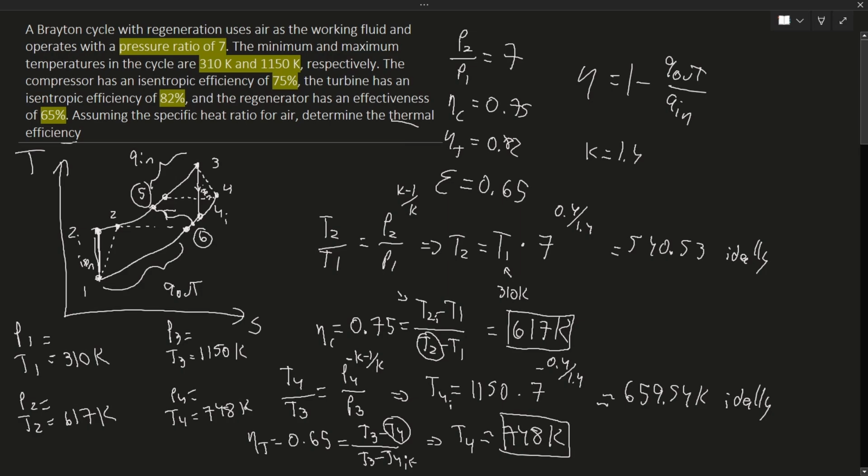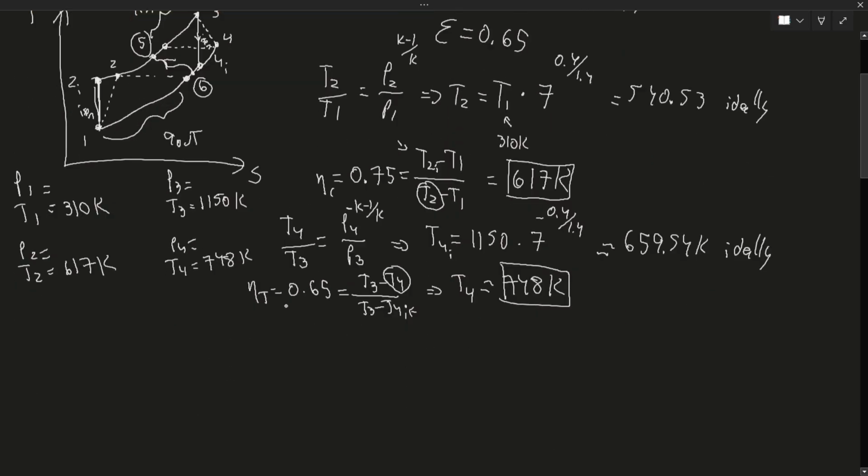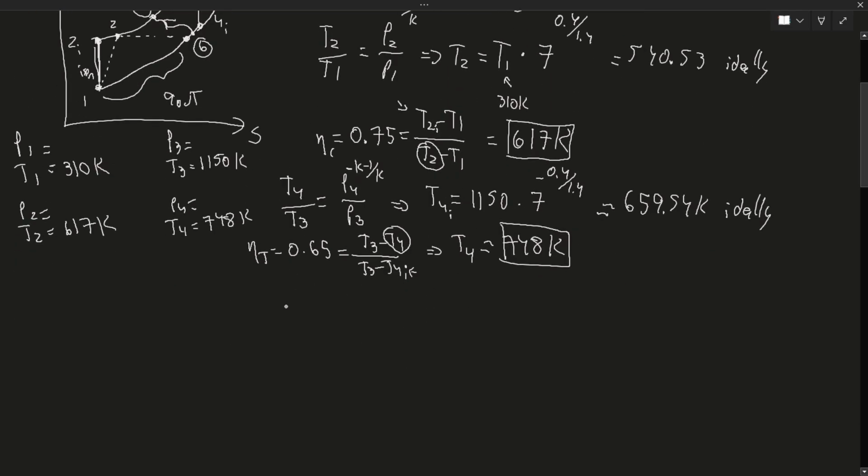All right, we're almost done. We have all the values we need. Now we need to find Q regen. It's equal to Cp times (T4 minus T2). This is if it was at 100% efficiency, but since we have an efficiency for the regenerator, we have to take that into consideration.